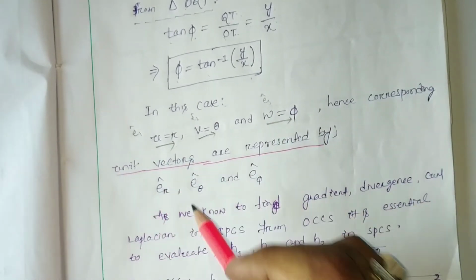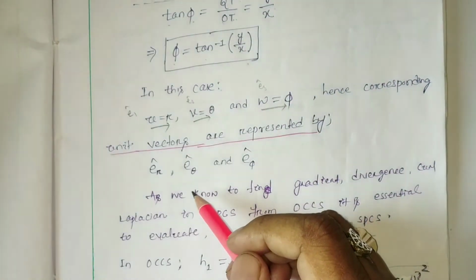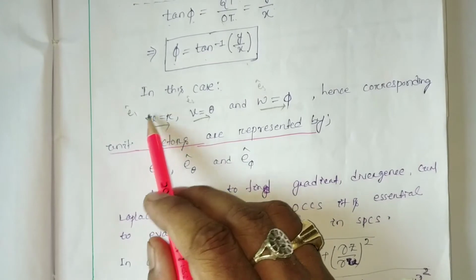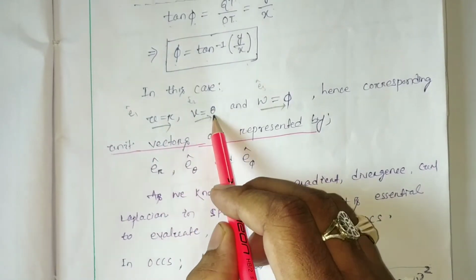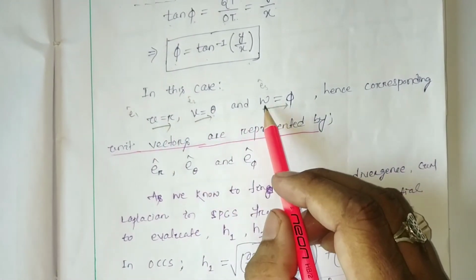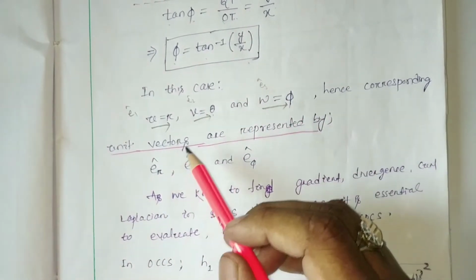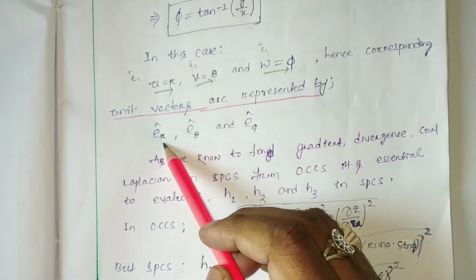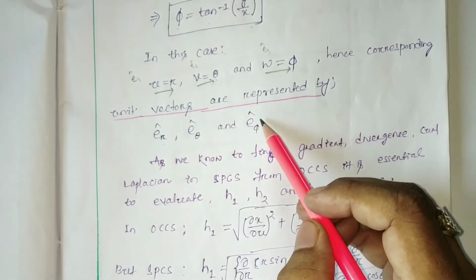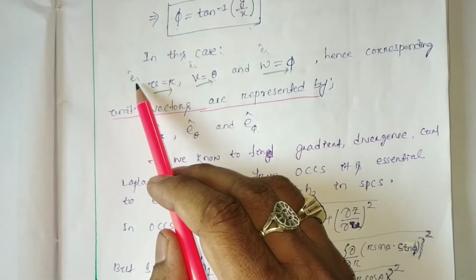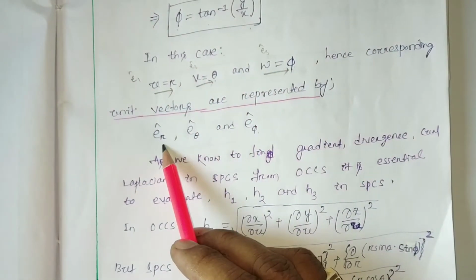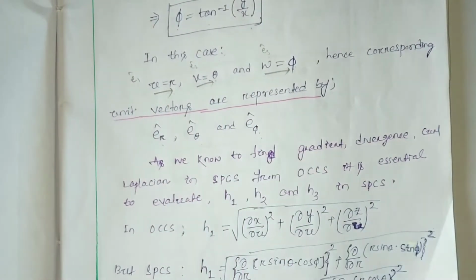So for this case, the spherical polar coordinate system, as u transforms to r, v transforms to theta, and w transforms to phi, the corresponding unit vectors will be er cap, e theta cap, e phi cap, instead of e1, e2, e3.